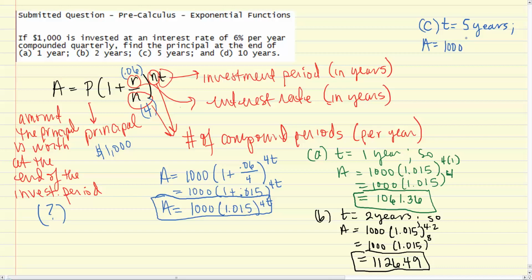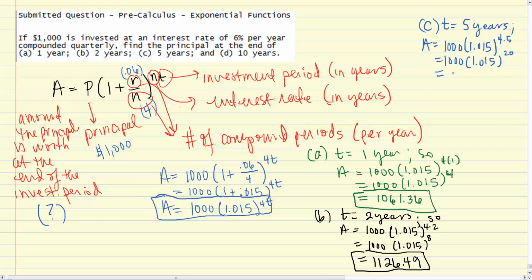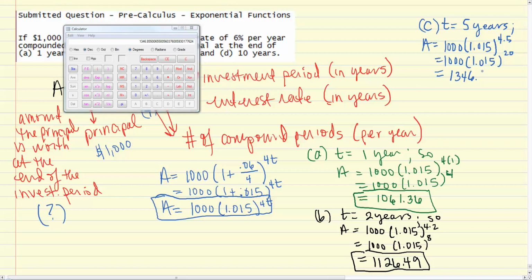A equals 1,000 times 1.015 to the 4 times 5, which is equal to 1,000 times 1.015 to the 20. 1.015 to the 20 times 1,000 is 1346.86.